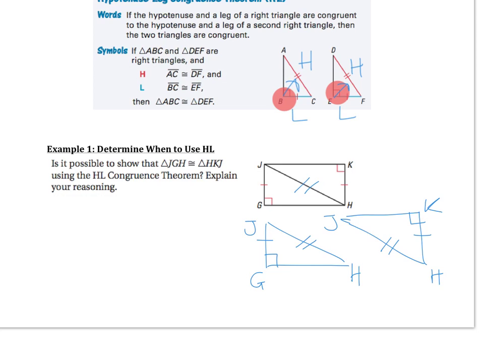Opposite the right angle is H, and I have one of the legs. So we have JH congruent to JH, which is the hypotenuse, and then we do have a pair of legs, JG congruent to HK.